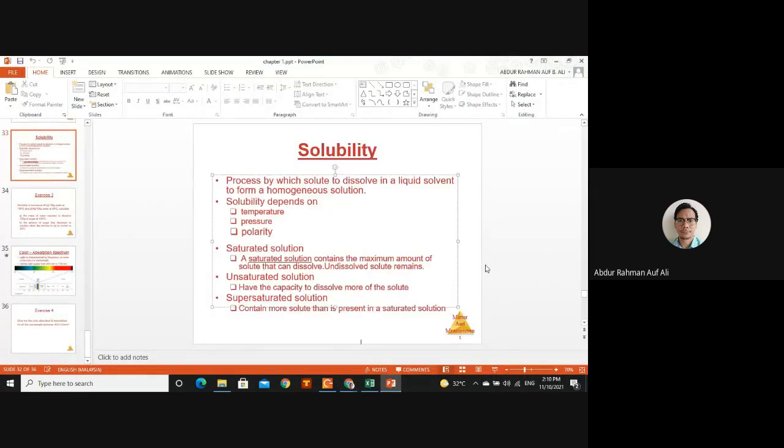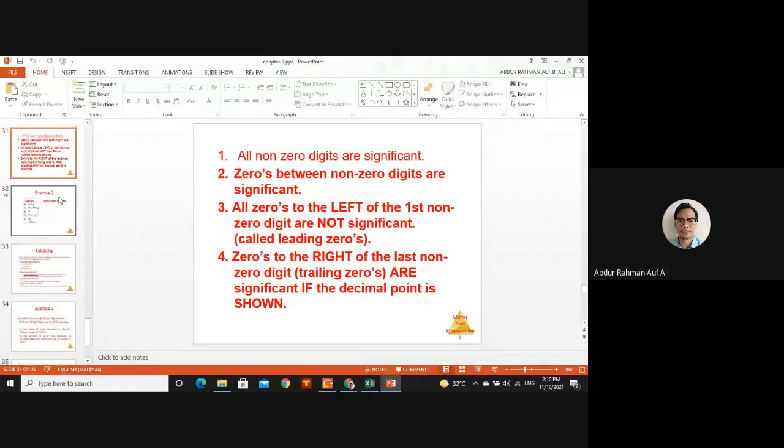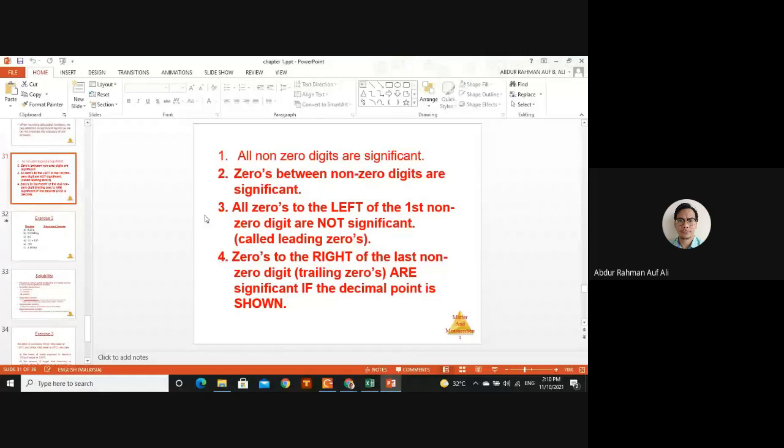So a bit revision. Last week, our last class, we discussed about significant figures. What is it? What is it for? The importance of significant figures and lastly, how to identify significant figures.